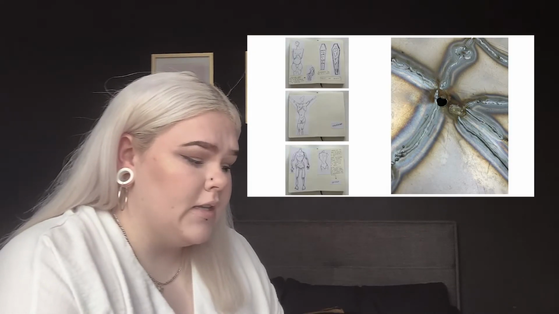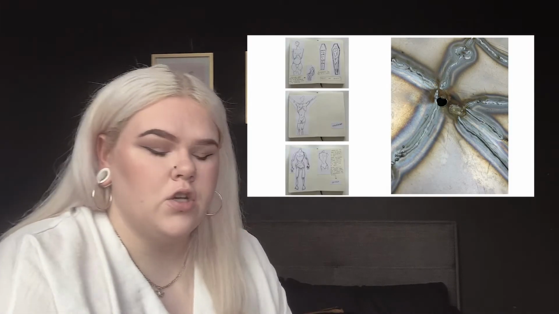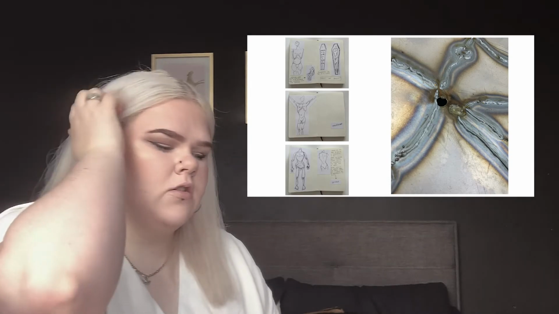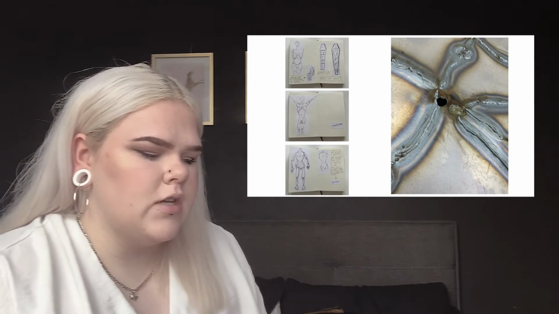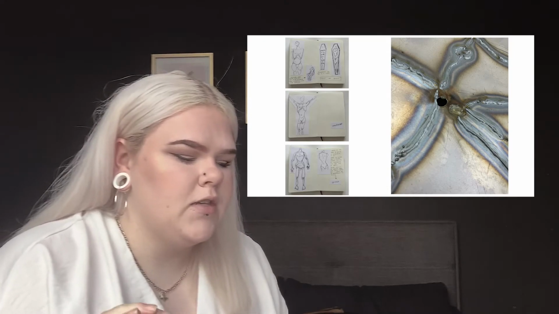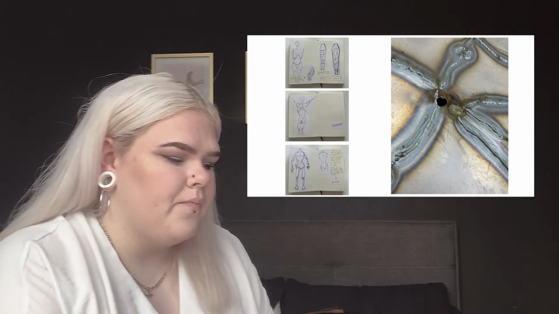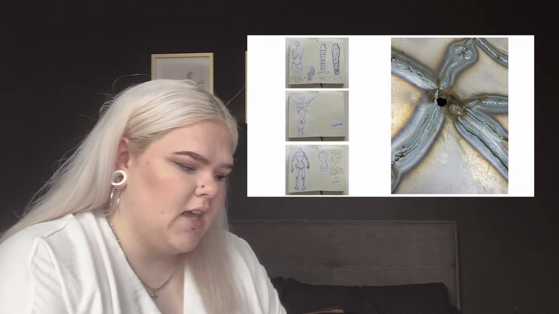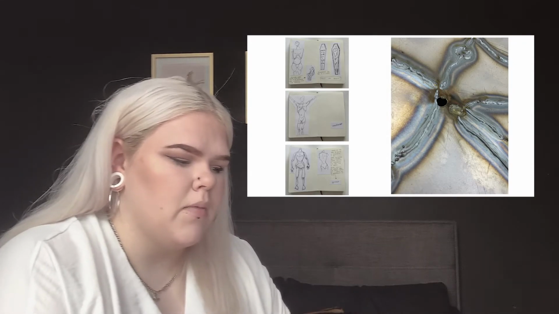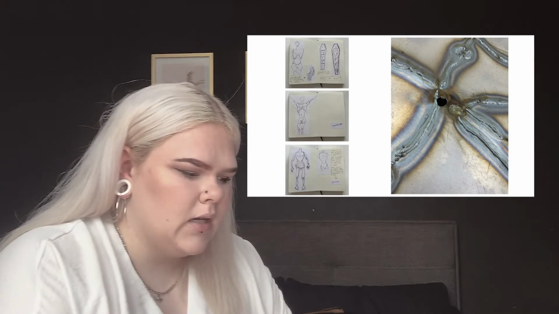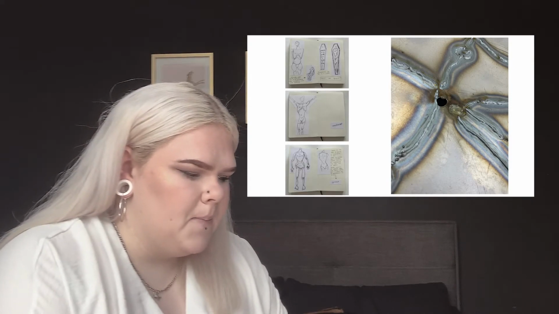So on this slide we've got an up close detail picture of the sculpture, so you can see the interesting colours and textures, but you can also see this hole. It's almost like a bullet wound, and then beside that we've got some sketchbook pages. So here it shows my process, what I was thinking about.